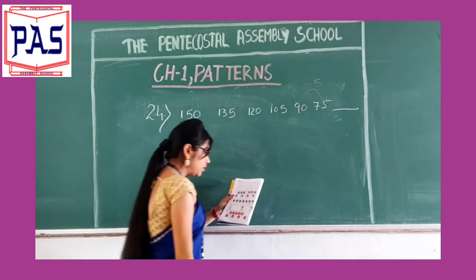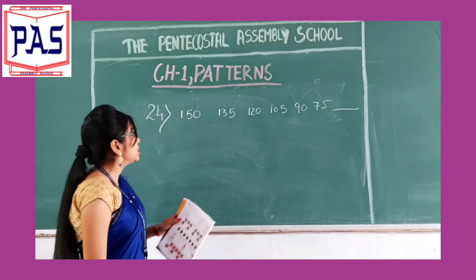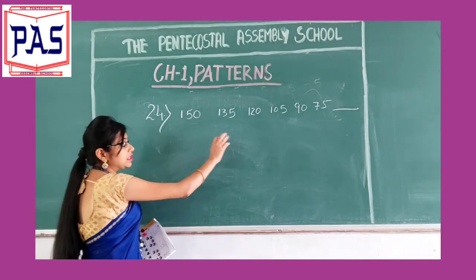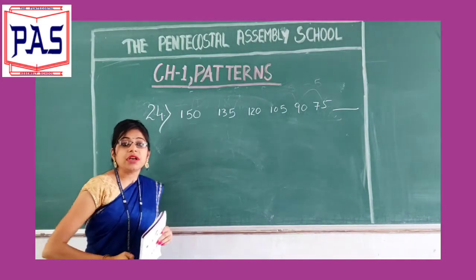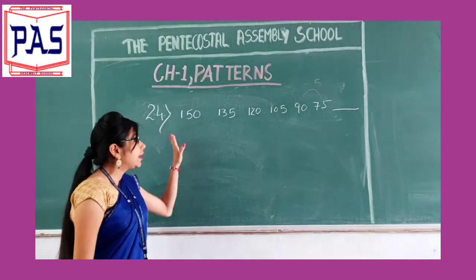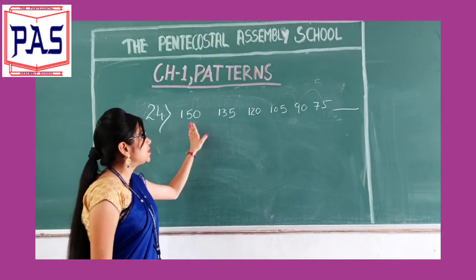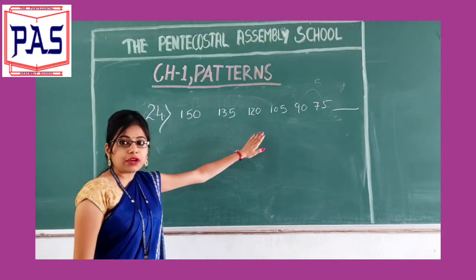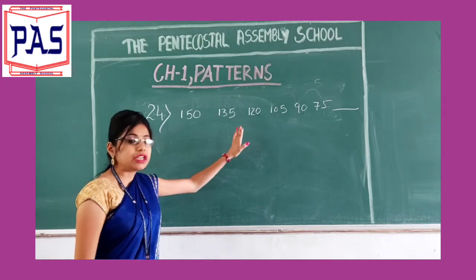Then what will be your next number? This number series is based on certain patterns. Again, you can see that these numbers are given in decreasing order. It means in descending order.